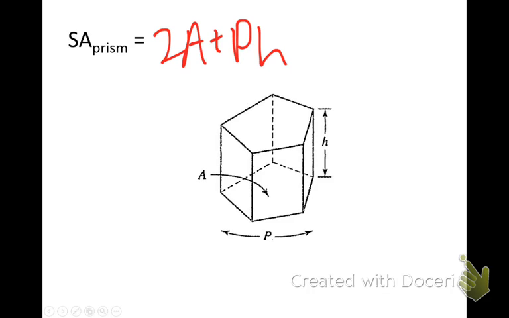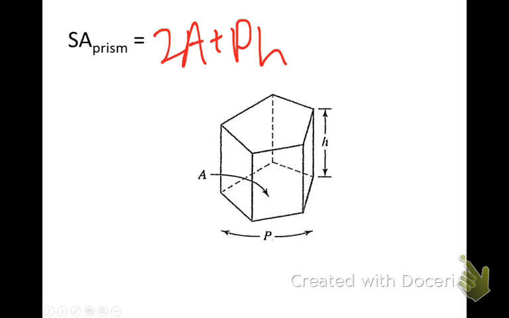So that's why we use perimeter times height. Whatever your base is, if it's a hexagon or polygon, you can use 1/2 a s n. Use the appropriate formula based on the shape. So it's 2A plus the perimeter times the height. Any questions on surface area of a right prism?